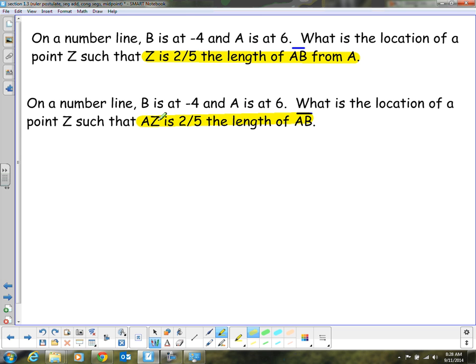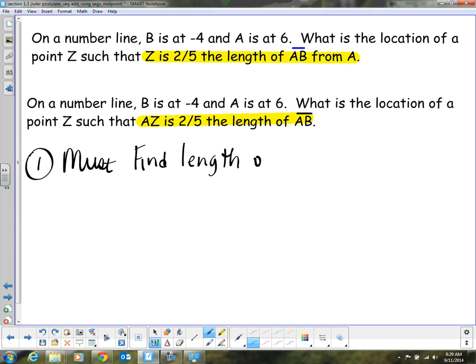All right, so number one, I'll do notes in black. Step 1, you must find the length of the segment.